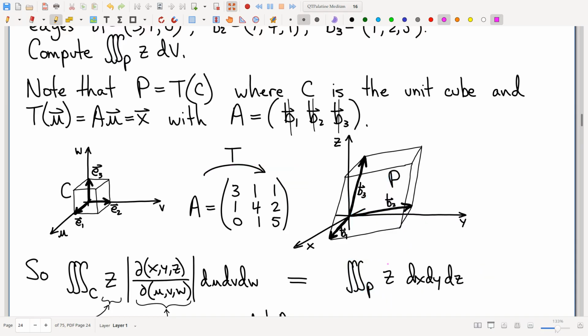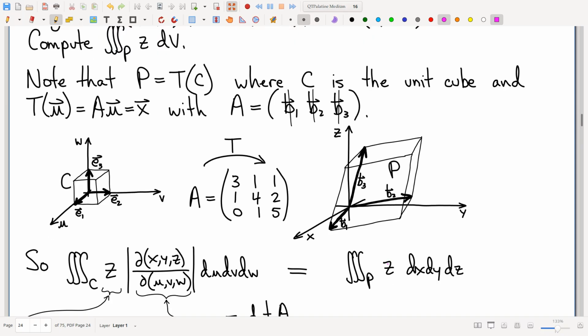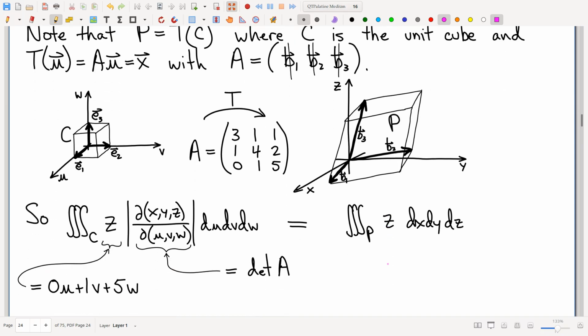Anybody else? The definition of where that formula for Z came from. Oh yeah, good question. So he asks about where I wrote that Z is this. Let's remember that Z is the third output from the change of variables function.